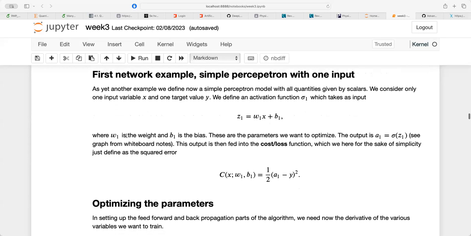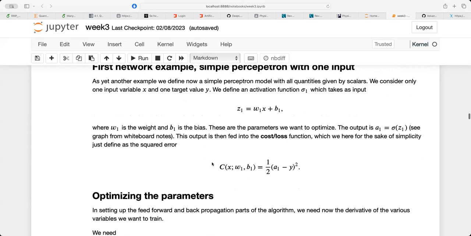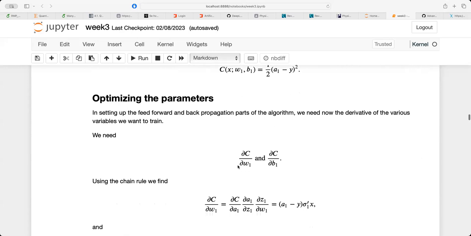So this is called the weight, and this is the bias, which is set in order to avoid that, in case this w is 0, the training stops. The function which we have now is a function of w1, b1, and x. And this is a function we want to optimize. So what we need then is actually to optimize these two quantities. And we want to drive these derivatives to 0. These are the only quantities we have.